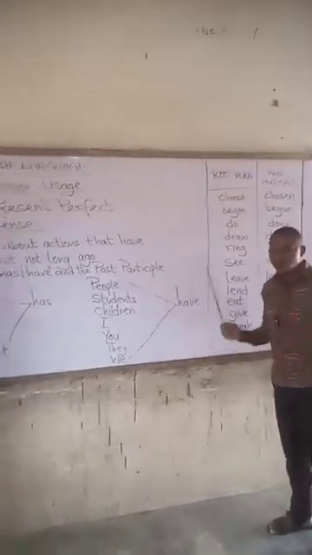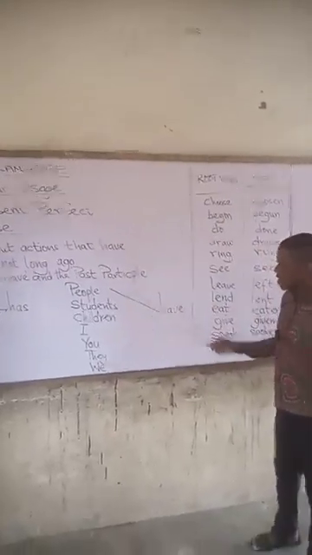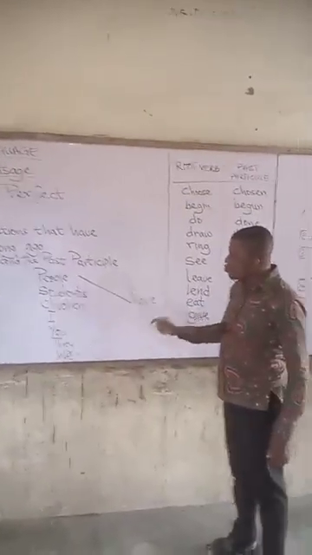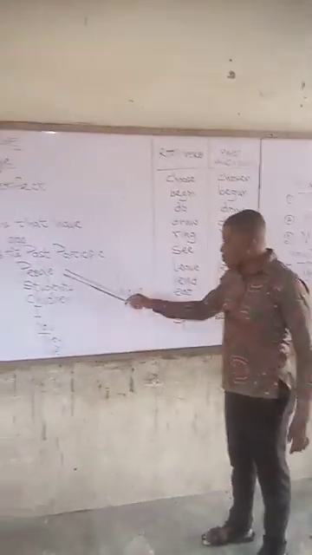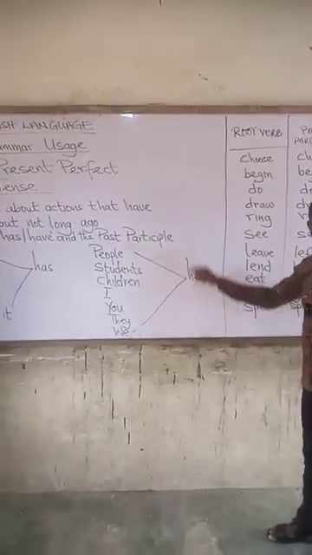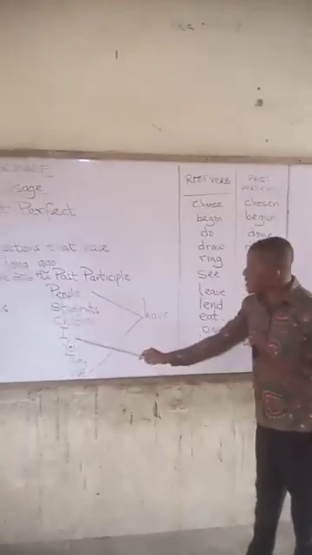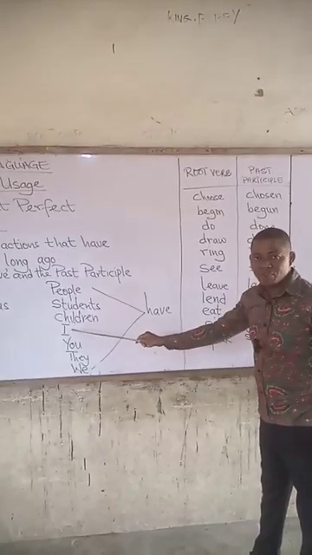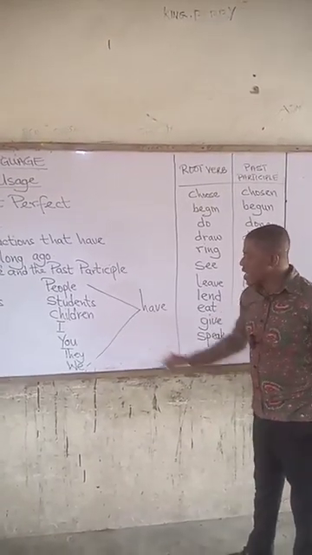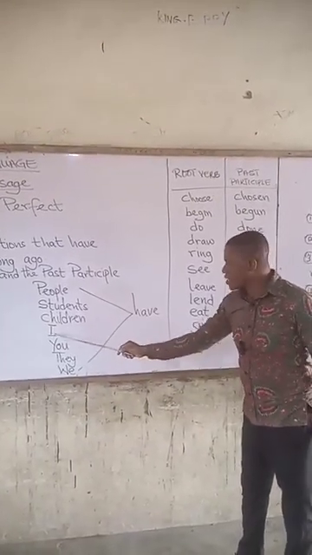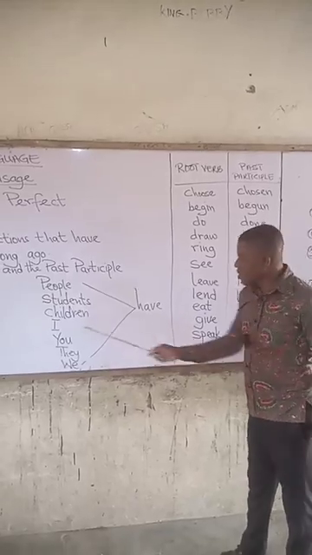Now, anytime that you also use pronouns on the board, the pronouns that I have written on the board, the first one over here is first person singular, I. So I, you can say I have.